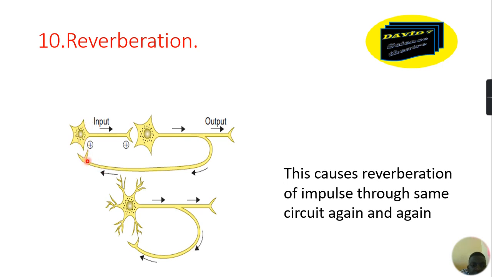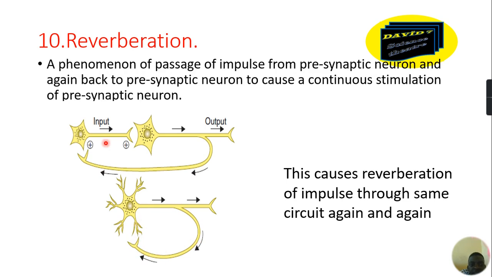So this activation of presynaptic neurons makes the impulse reverberate around the same circuit. It can be within the same presynaptic neuron, or within the same postsynaptic neuron. This is a phenomenon of passage of impulse from the presynaptic neuron and again back to the presynaptic neuron to cause a continuous stimulation of the presynaptic neuron.